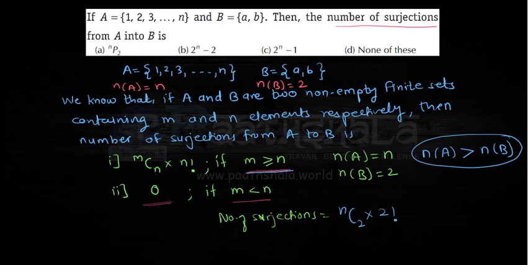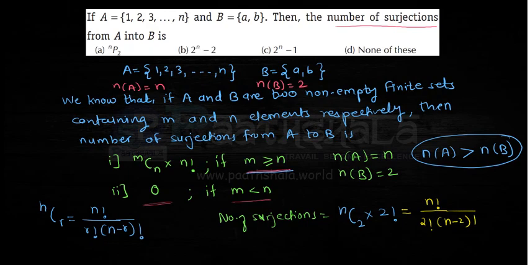But we know that nCr can be written as n factorial upon r factorial into (n minus r) factorial. So we can write nC2 as n factorial upon 2 factorial into (n minus 2) factorial, into 2 factorial. Here we can cancel out 2 factorial and 2 factorial.